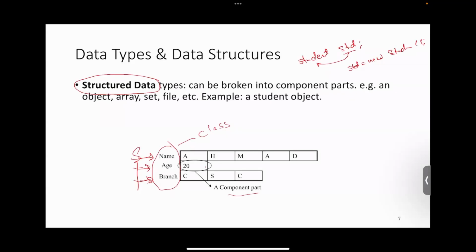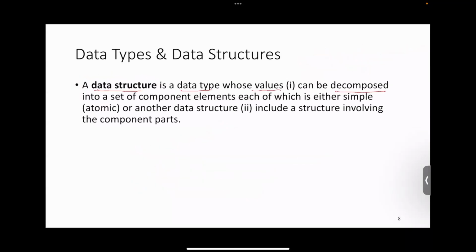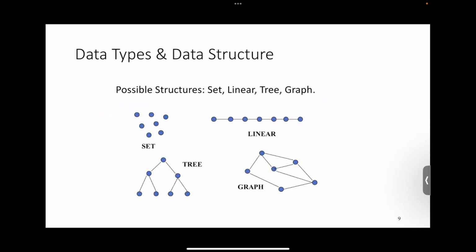This is one component, another component, right? It can be decomposed, and it may also include another structure as its domain values. What do I mean by this? We shall see it with one example in just a few slides.